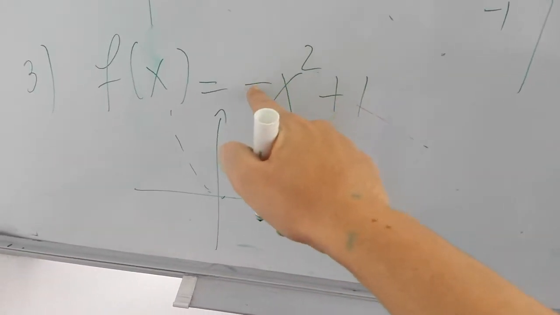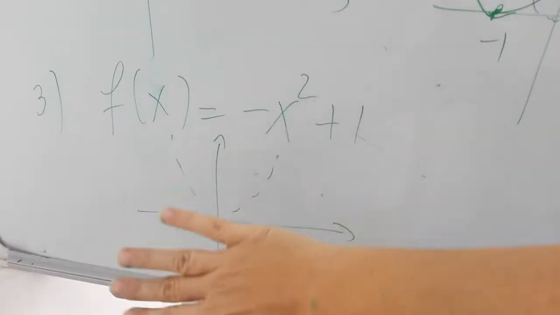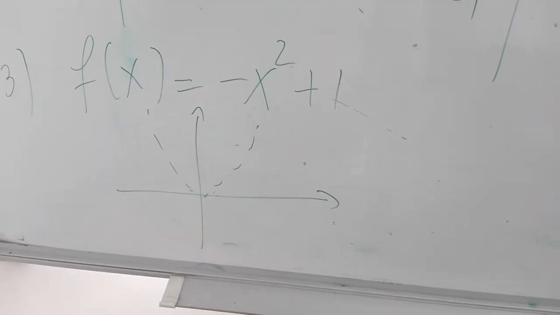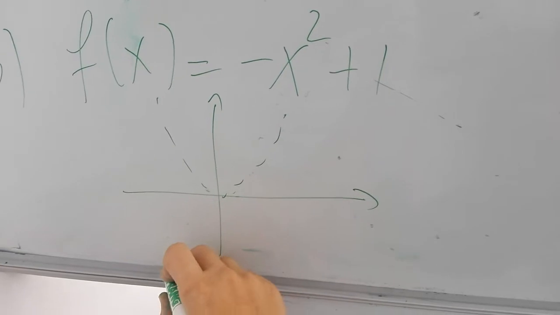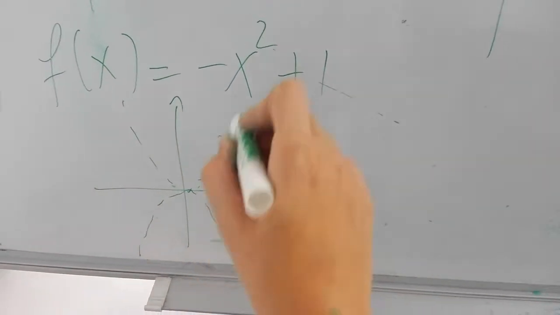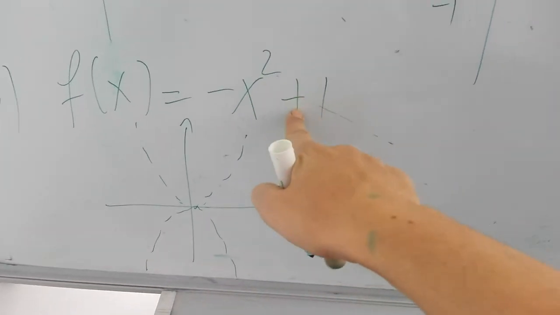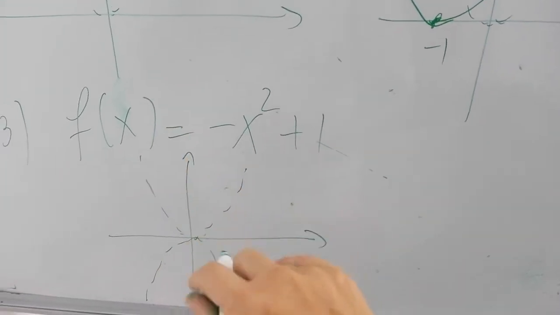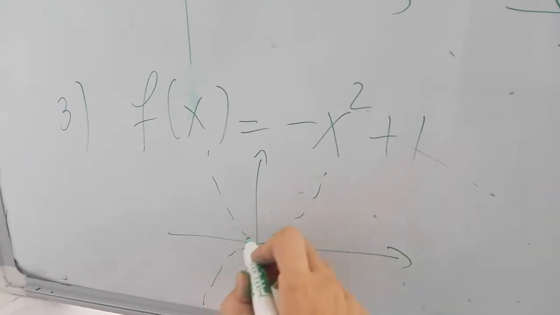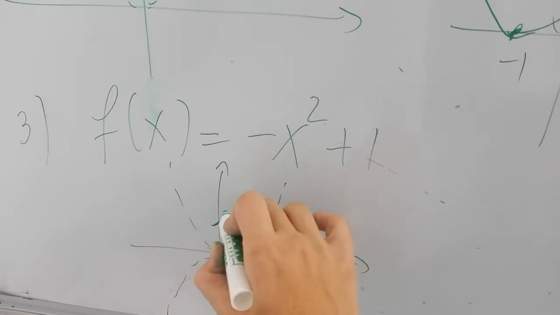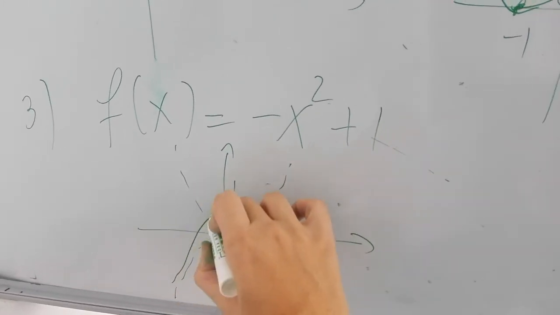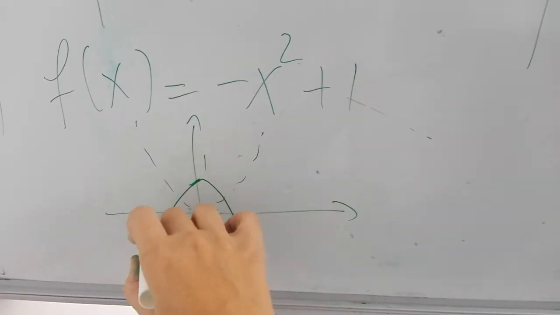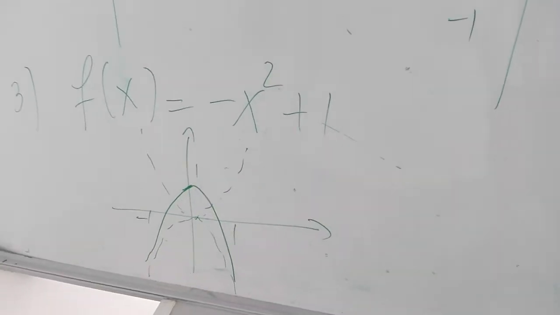Okay, for the negative x squared, you will reflect over the x-axis, so you will bring the graph below the x-axis. It's going to go something like this. This will be the negative x squared function, and then plus 1 will make my new graph move up 1 unit. So I'm going with this graph up 1 unit. So my graph should be something over here. I'm going up 1 unit. So this would be my new graph over here, with the negative and positive 1, of course.